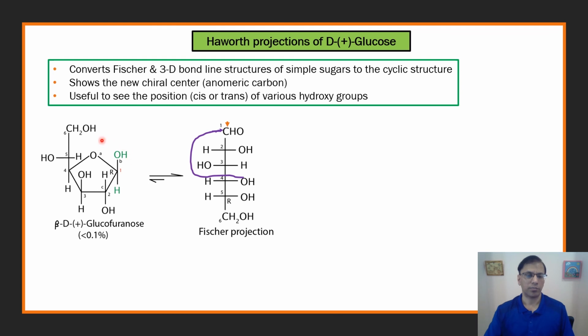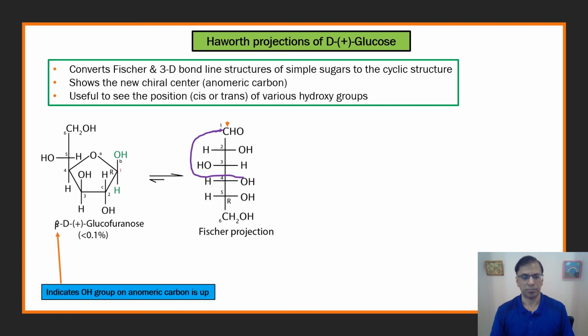And this is the 5-membered ring that's formed. The term beta is used when the OH group is on the top. And this is the new chiral carbon center that's formed. It is called the anomeric carbon atom. And this carbon belongs to the aldehyde group right here.